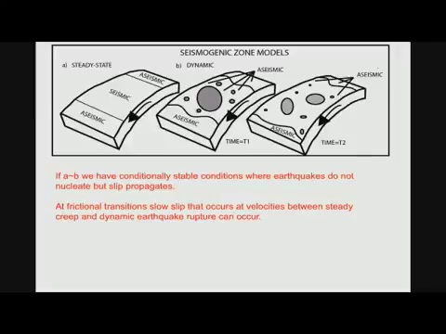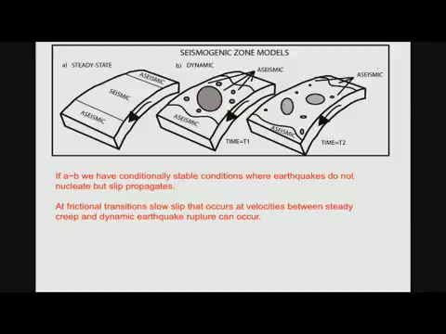Another is that we recognize that at both the down dip and up dip, this being conditionally stable is a condition that is required for slow slip, so that we have slow slip occurring at these transitions, whether they're at the up dip, down dip, and within. And the seismogenic zone, I'm going to talk quite a bit about that.